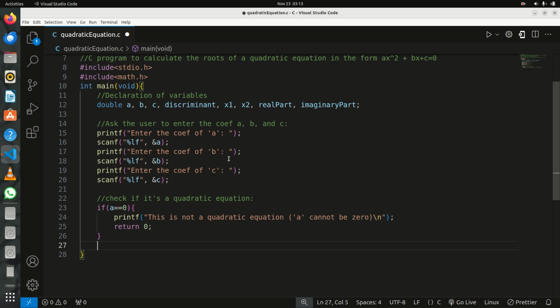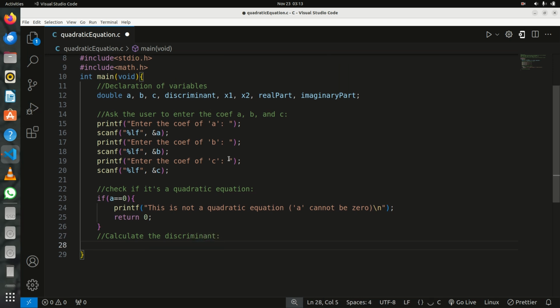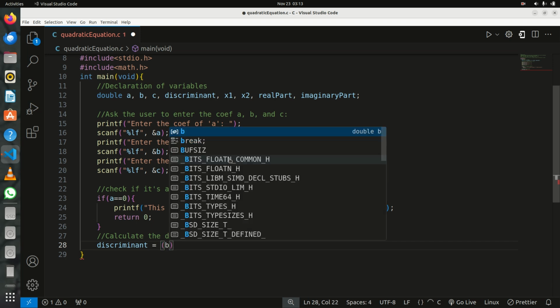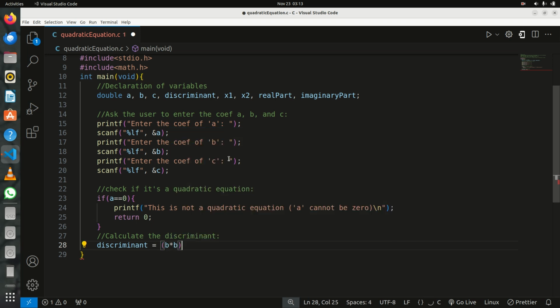We now calculate the discriminant. Let's calculate the discriminant. So discriminant equals b times b minus 4 times a times c.